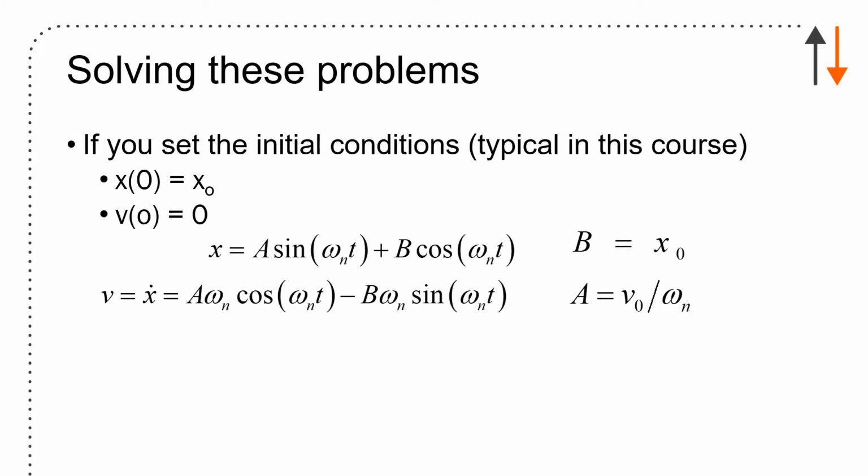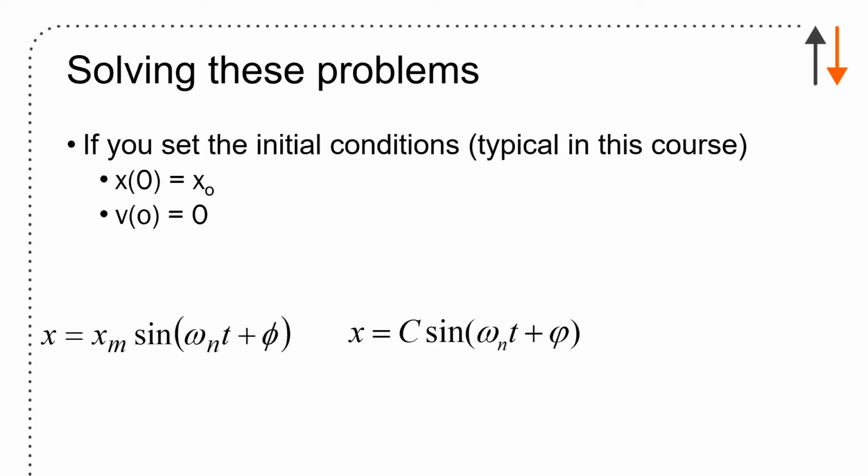You can do the same thing on the other term, and you end up with v naught over omega n.